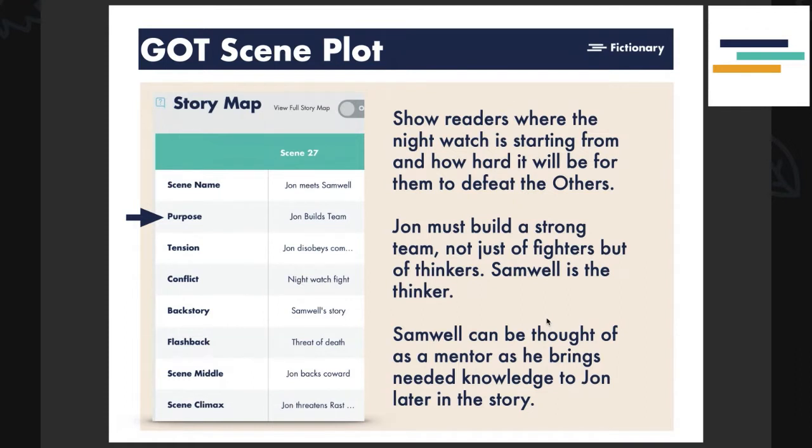So this is a typo here. Samuel is also the mentor in this. If you look at the hero's journey, he would be John's mentor. And so he has a very strong purpose as well, going along with the scene purpose. And he's going to help John as the story goes through with the knowledge John needs to defeat the others.